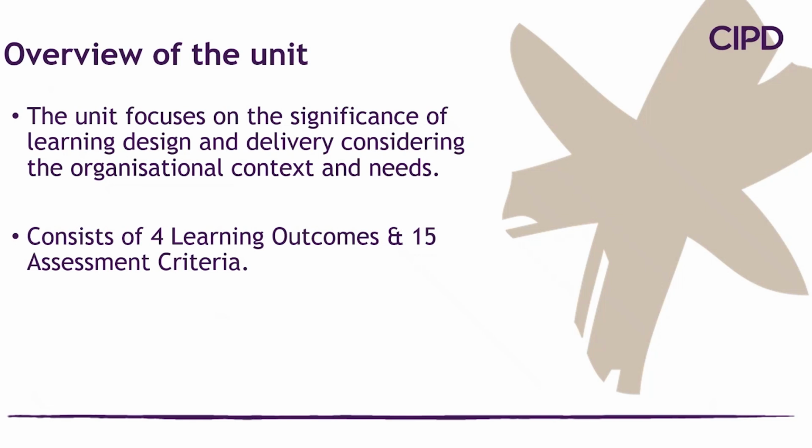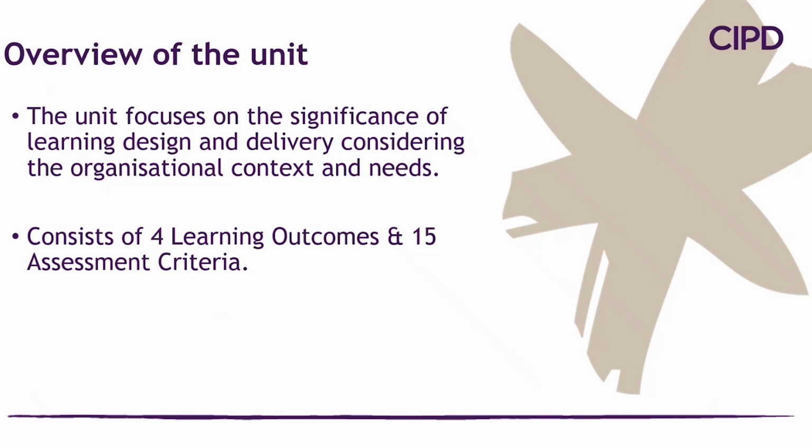The focus of the unit is to examine the significance of learning design and delivery, considering the organisational context and needs. So it's looking at the design and delivery of learning within an organisation to improve organisational performance.